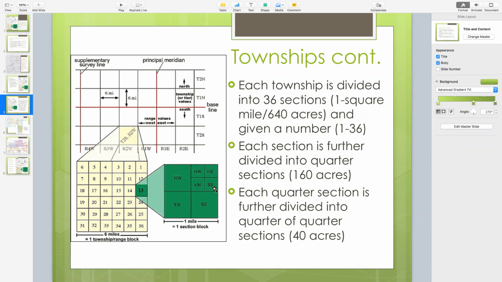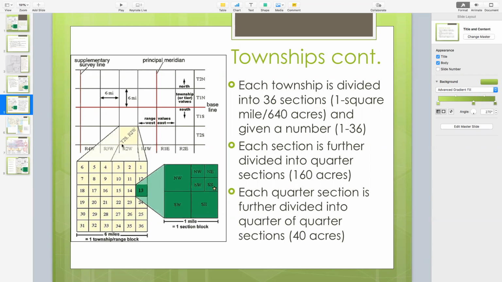So our star here is within a 40 acre parcel of land, which is still a pretty large parcel of land. And the star here is located in the southeast quarter of the northeast quarter of section 13 of township 2 south, range 2 west.